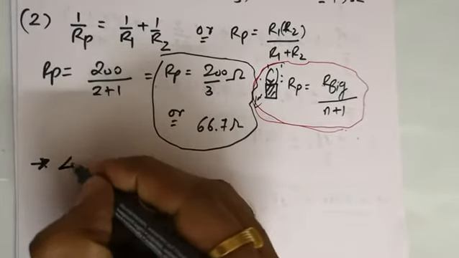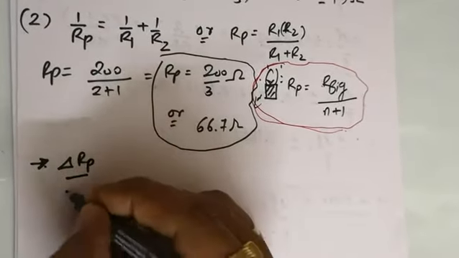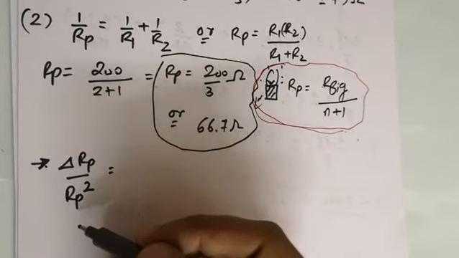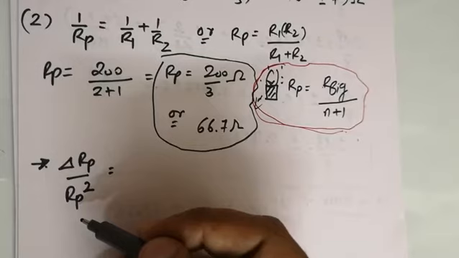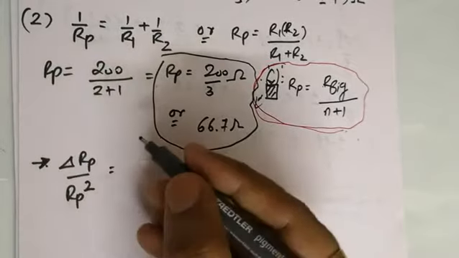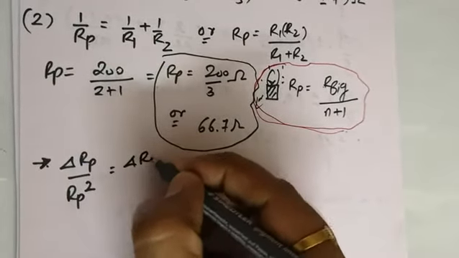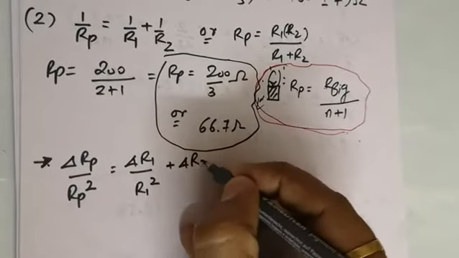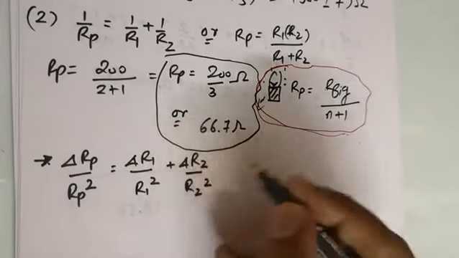Now this is the tricky part which is coming: delta R of parallel divided by R of parallel squared. Whenever something is in the denominator and you want to find it out, it's a parallel part, always go with the denominator's square. This is the only complicated part. Same is the case for delta R1 divided by R1 squared and delta R2 upon R2 squared.